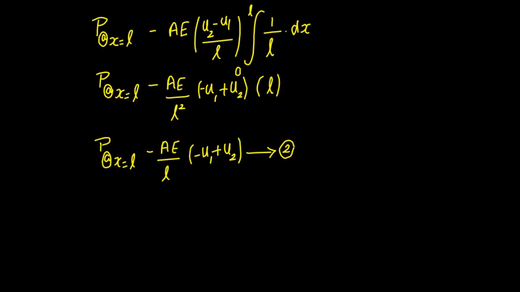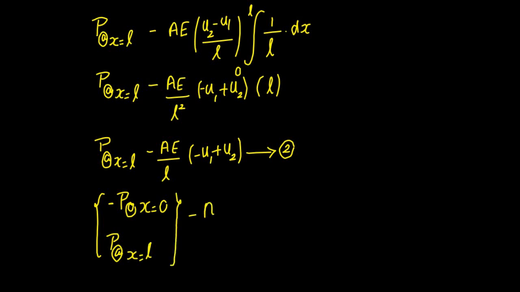Now I'm going to write the two equations in the form of a matrix. It becomes minus the concentrated point load at x is equal to 0, that's a reaction, and the concentrated point load at x is equal to L. So that's one matrix.